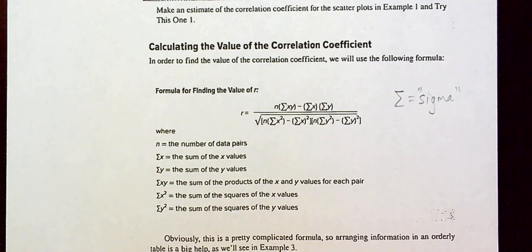So, great. We can find this correlation coefficient. Fantastic. We're going to get some number between or equal to -1 and 1. But what does that really tell us?